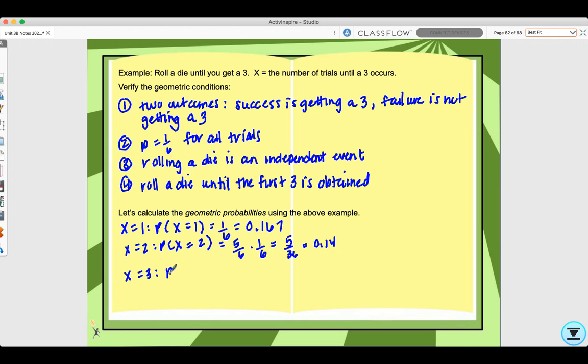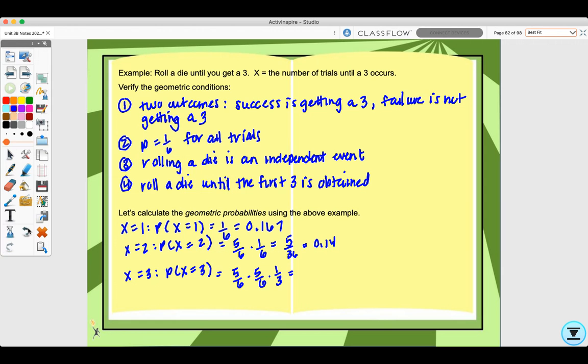On my third roll, the probability would be x equals 3. First roll, it would be 5/6. Second roll would be 5/6. My third roll, it would be 1/6.